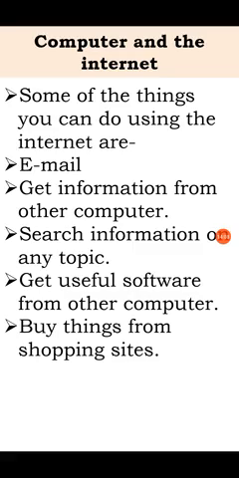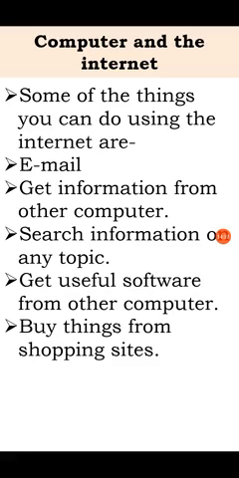To share the information, you need the internet connection. Your smartphone also has an internet connection, and only then are you able to see whatever videos are coming from your WhatsApp group, and you can also see various kinds of videos on your YouTube channel.